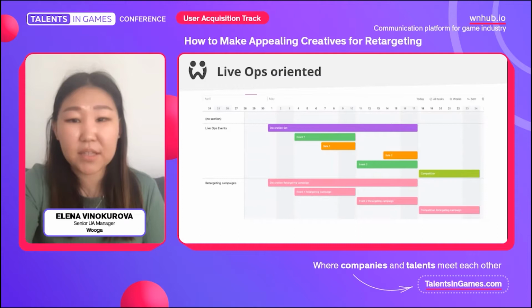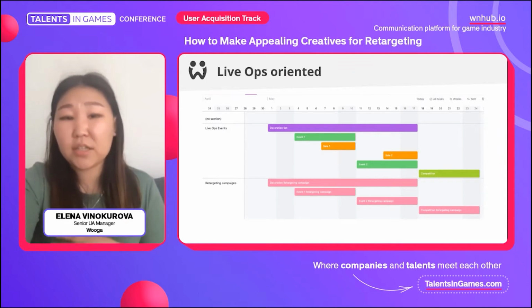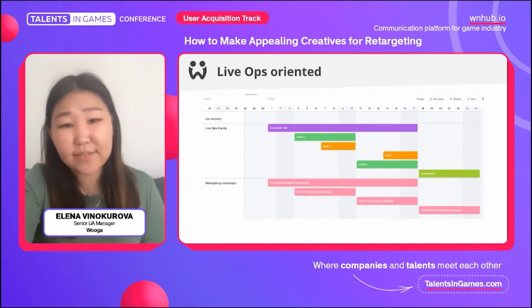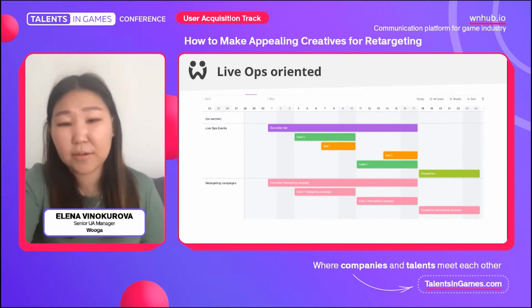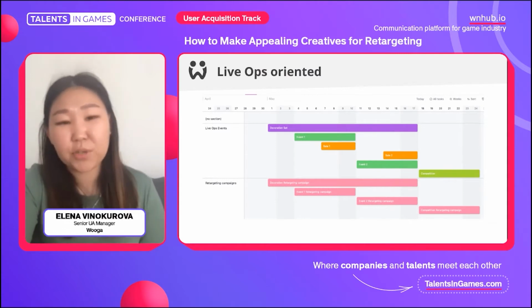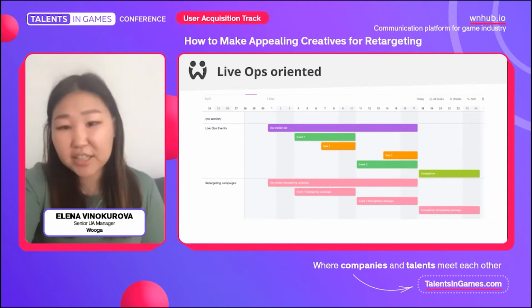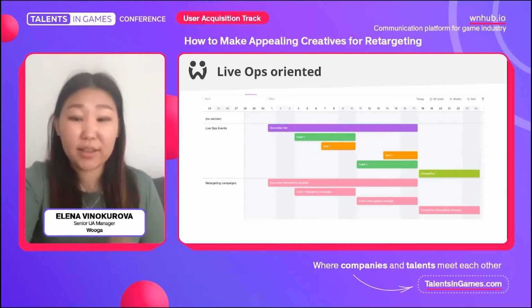LiveOps is a very crucial part of the current game development stage. So at Wooga, we plan our LiveOps calendar ahead. We have different events: sales events, decoration set events, competitions, social events. And for each of them, we create a retargeting campaign calendar or specific retargeting creatives to highlight them.